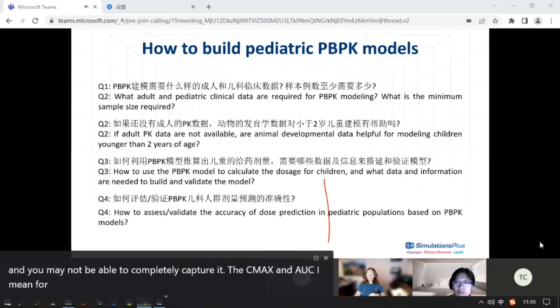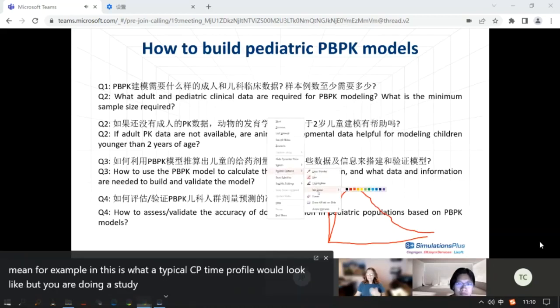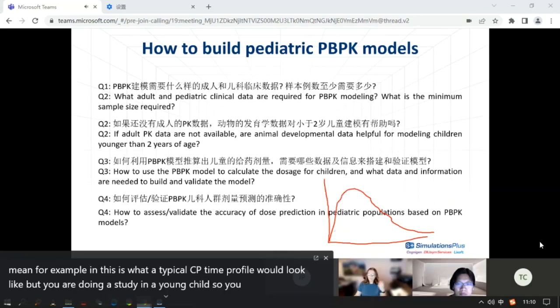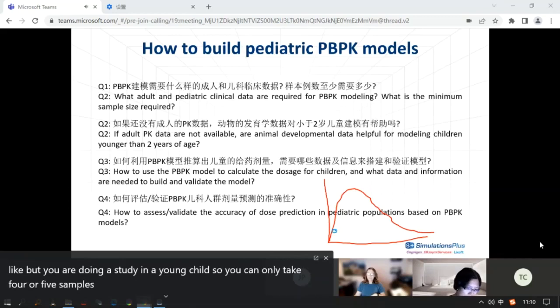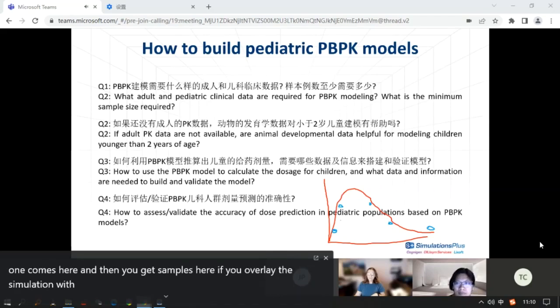For example, this is what a typical CP time profile would look like. But you are doing a study in a young child, so you can only take 4 or 5 samples. Right? And you take a sample here, maybe here, the next one comes here, and then you get samples here. Okay. If you overlay the simulation with the individual points, it is a very good match. Okay.